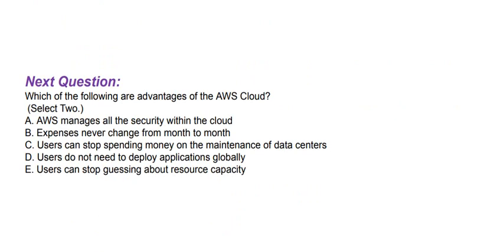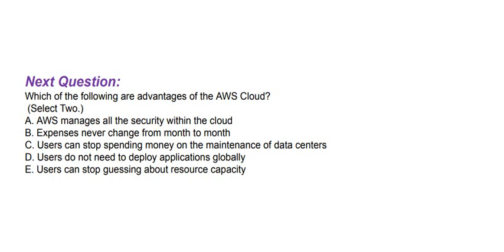Next question is: which of the following are advantages of the AWS cloud? Select two options. Option A: AWS manages all the security within the cloud. Option B: expenses never change from month to month. Option C: users can stop spending money on the maintenance of data centers.